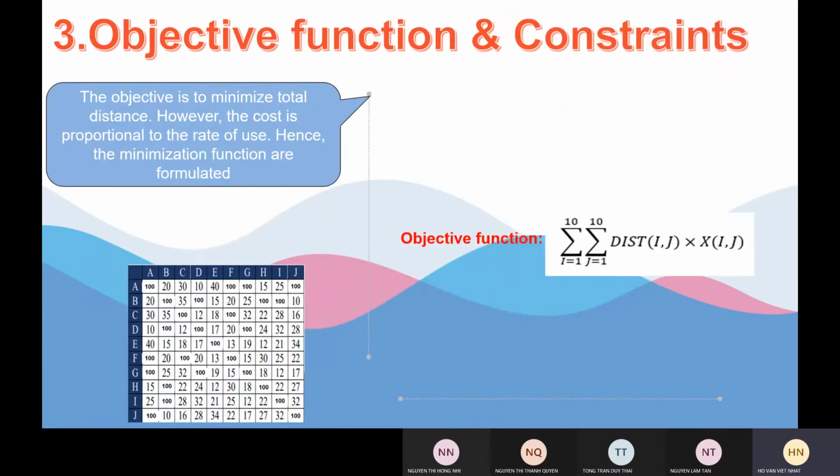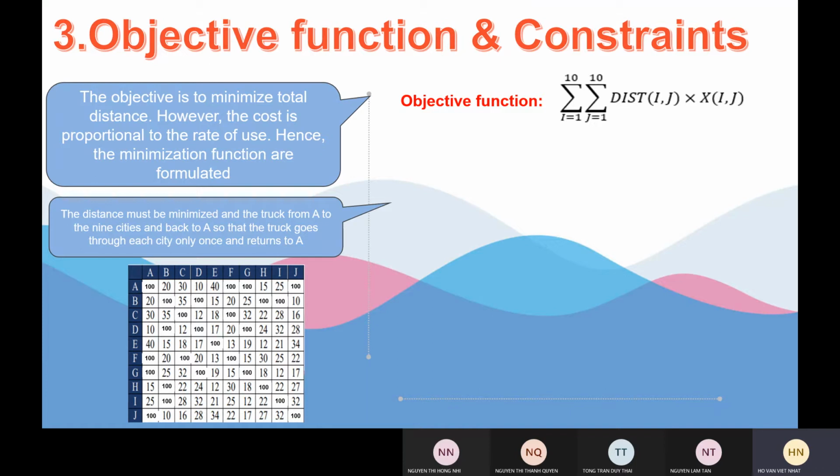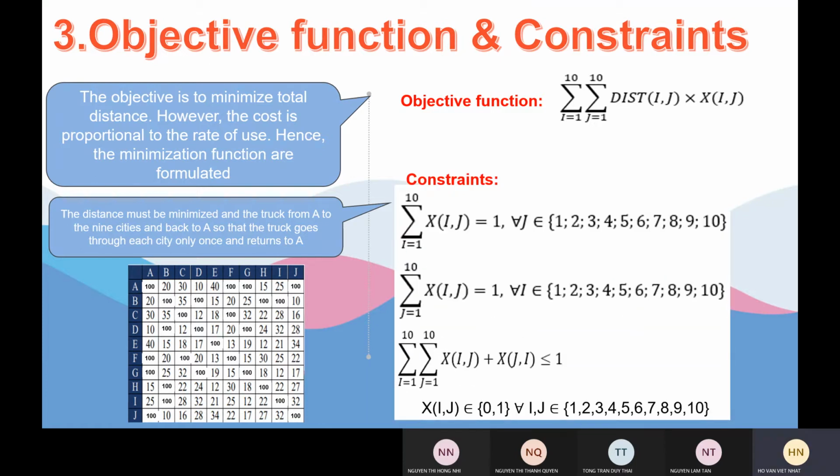And next is the objective function and constraints. The objective of our problem is to minimize the total distance. So we have the objective function equal to the distance from i to j multiplied by hij. Next is the constraints. We will have three constraints.